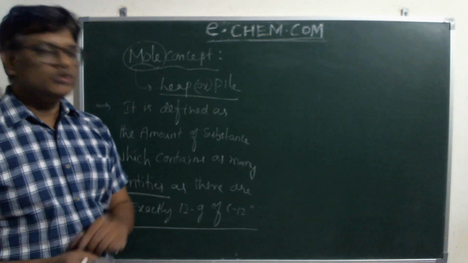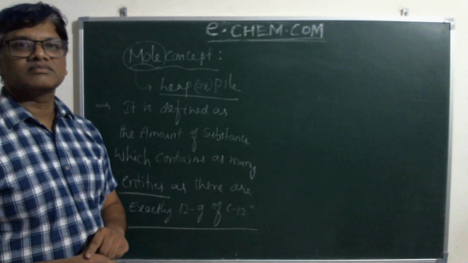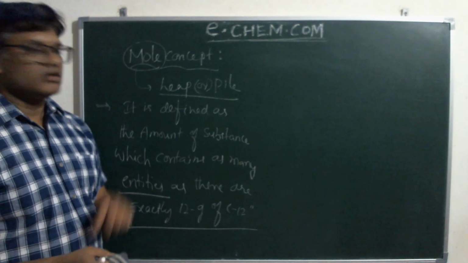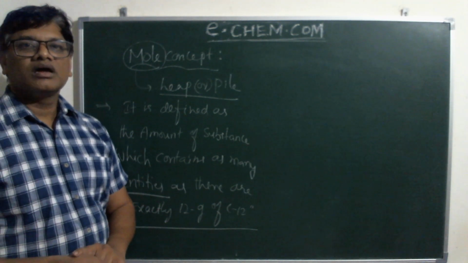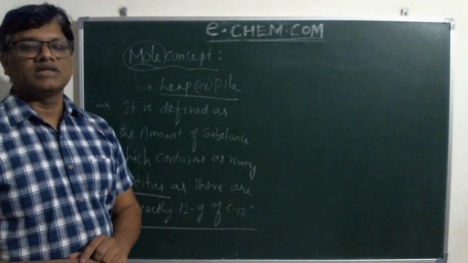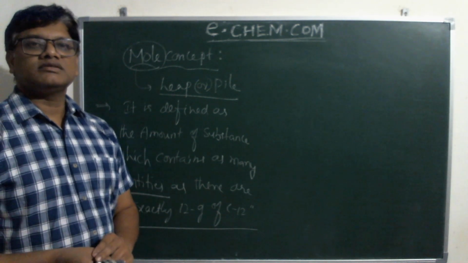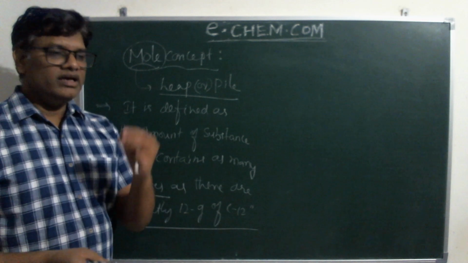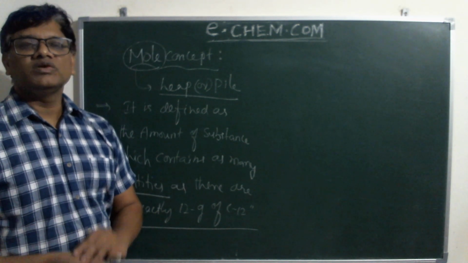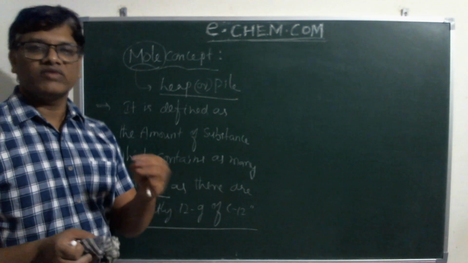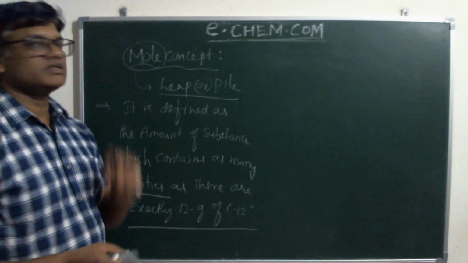Likewise, to count the entities or calculation of masses, we have to use mole concept. A chemical compound consisting huge number of atoms or molecules, or very less masses in terms of grams, to calculate the huge number or very less masses, we need to use a mole concept.